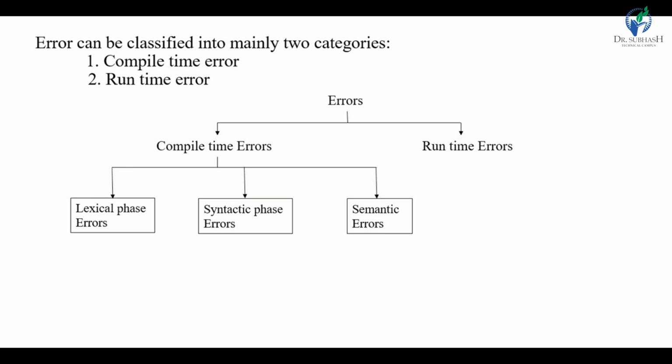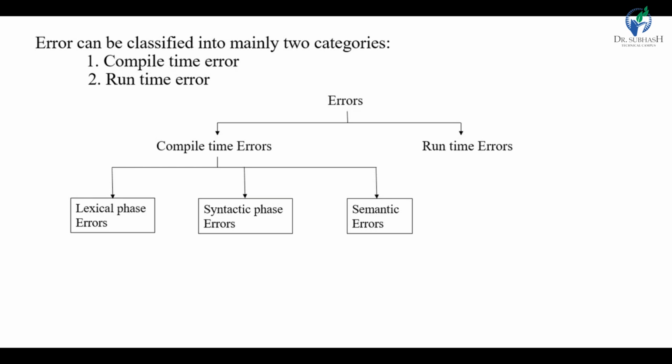Third one is semantic errors. Semantic errors are detected during the semantic analysis phase, where type mismatches occur.